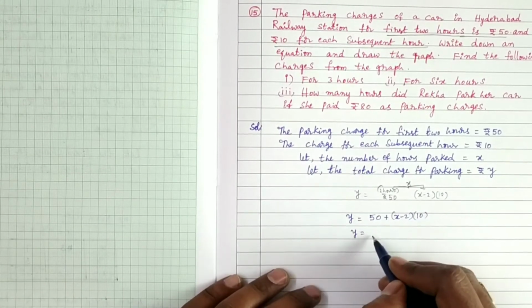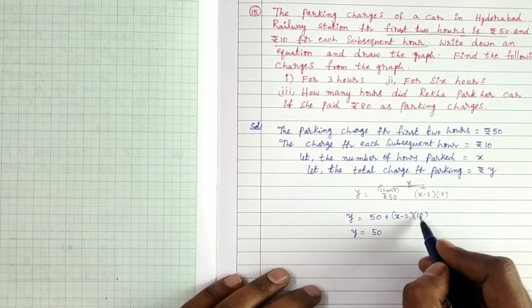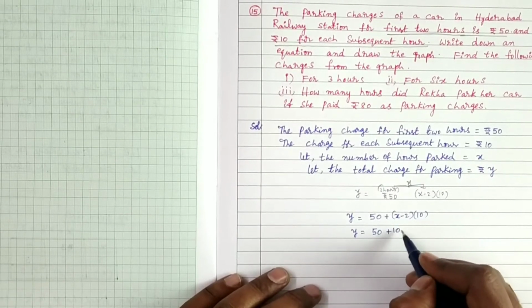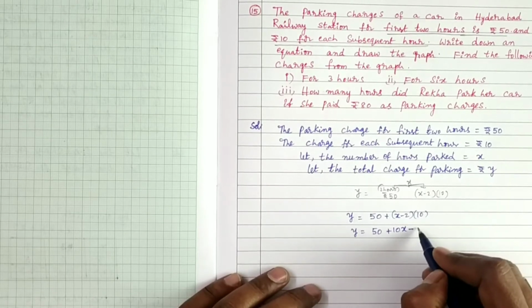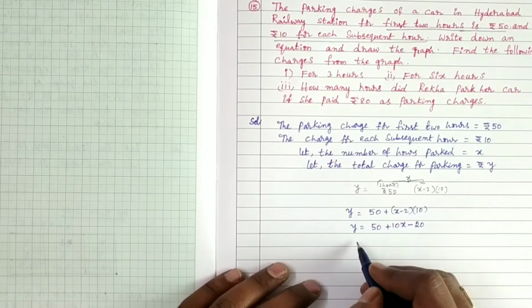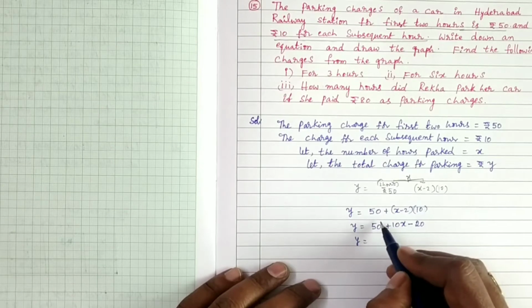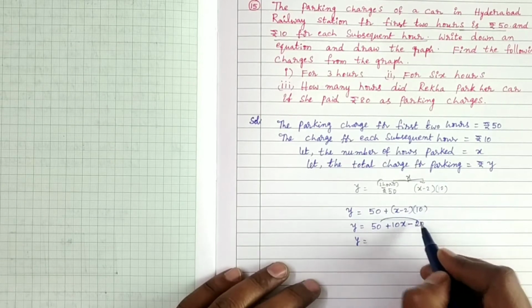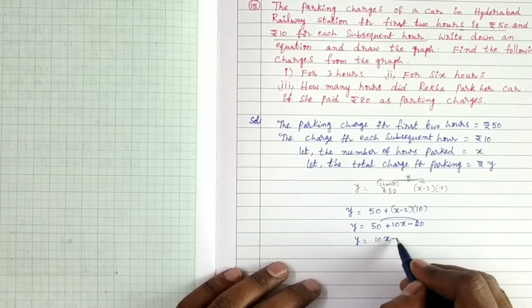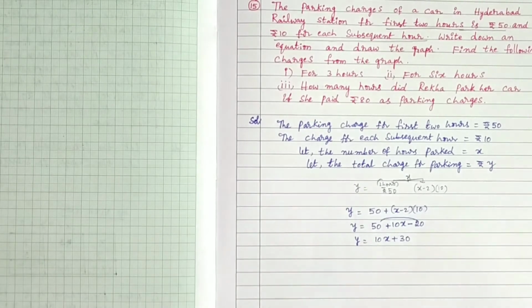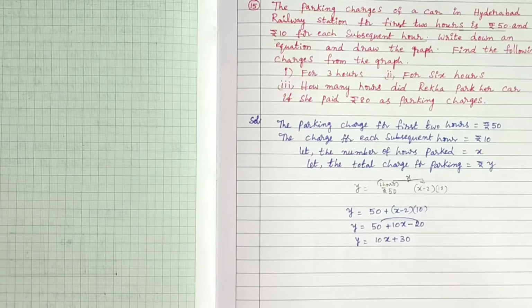Simplify it. 50 plus 10 into x, 10x, minus into plus minus, 2 tens are 20. So finally y is equals to, simplify 50 minus 20, 30. So 10x plus 30. So this is the final equation. y is equals to 10x plus 30.